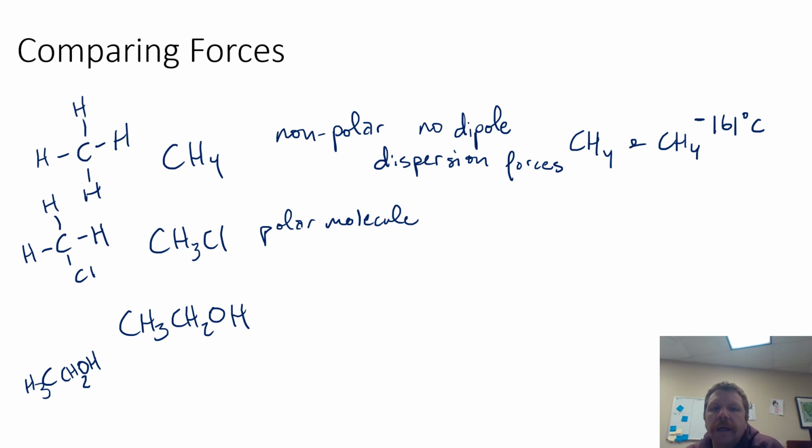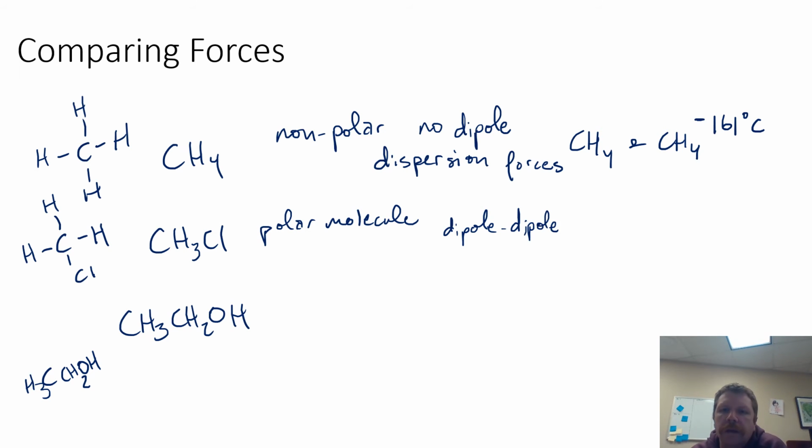Now, does it meet the criteria for hydrogen bonding? For hydrogen bonding, we need an electronegative element like nitrogen, oxygen, or fluorine. Well, CH3Cl does not have that, in which case your types of interactions between them are going to be dipole.